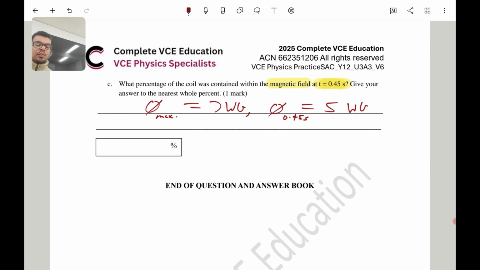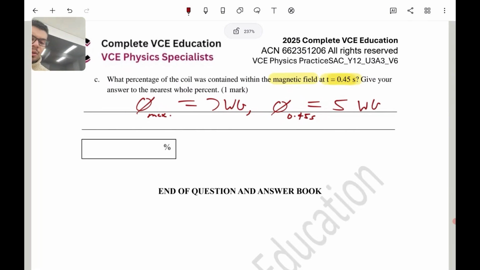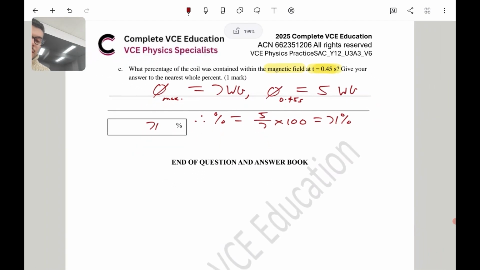So we can simply obtain a percentage. Therefore the percentage is going to be equal to 5 over 7 times 100, which is going to be 71%. Now this, guys, assumes that the area of the coil is constant.